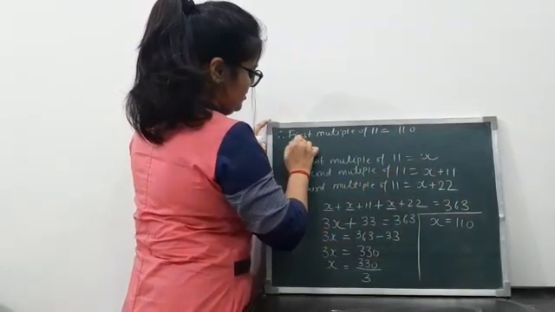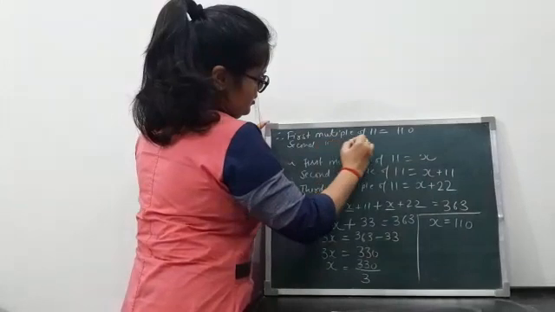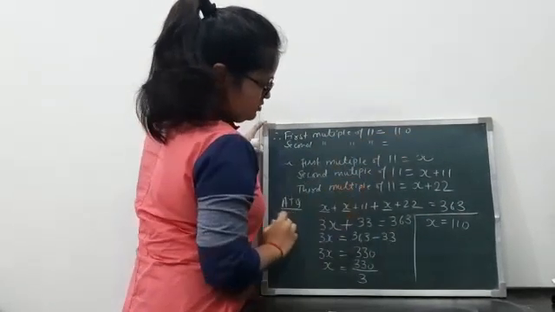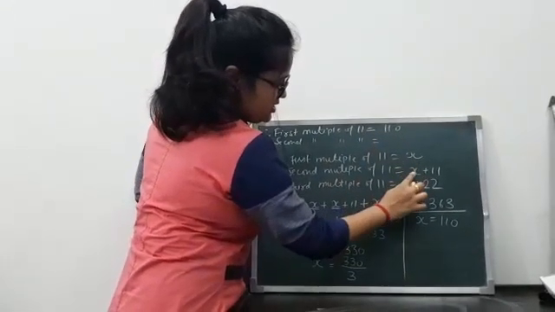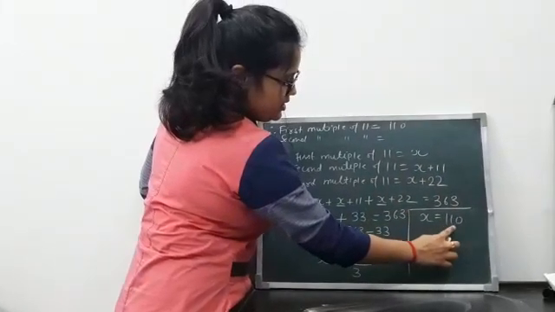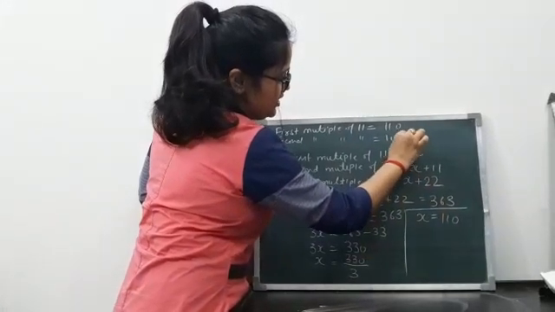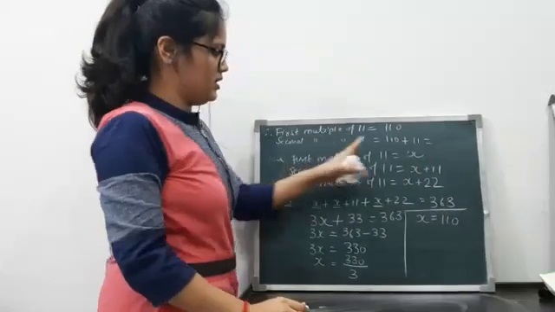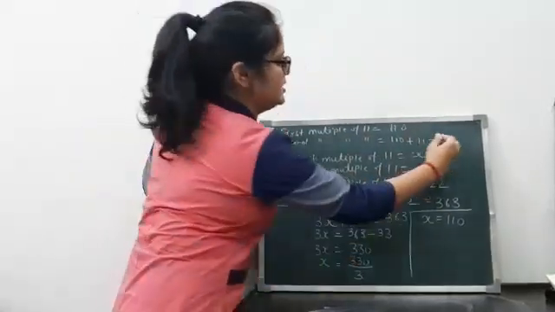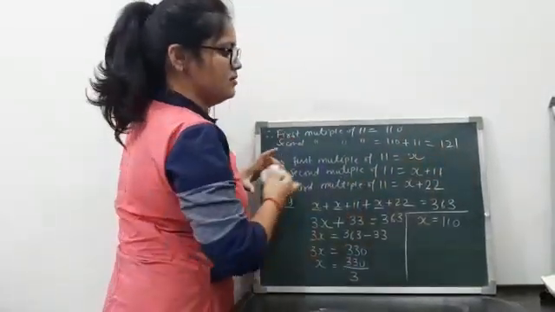The second multiple of 11 is x plus 11. That means 110 plus 11. What is 110 plus 11? It is equal to 121.